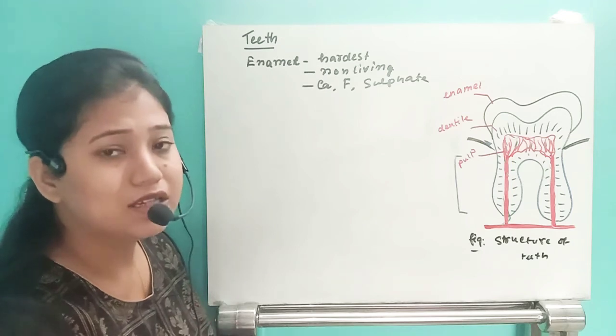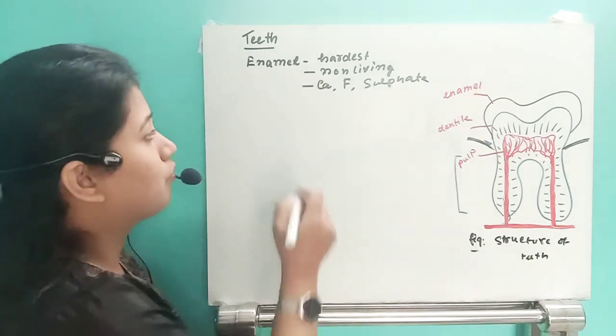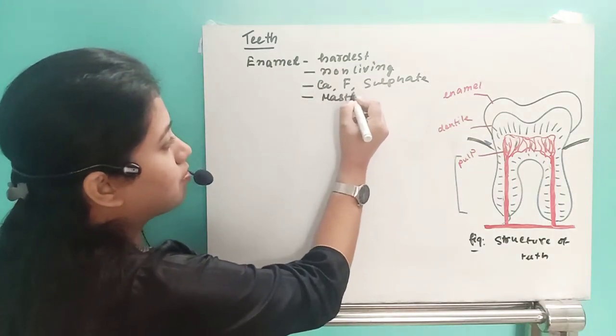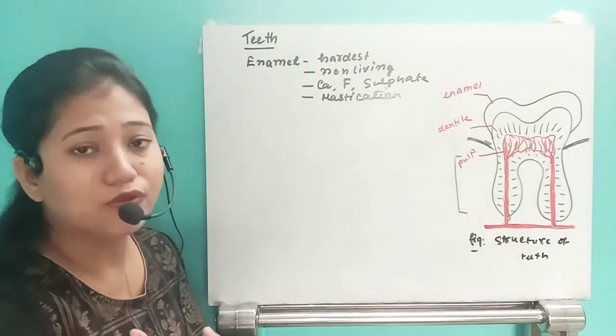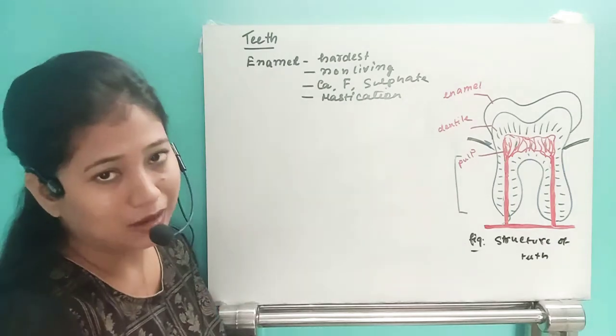Entirely the hardest non-living part is the enamel, which has one function, that is mastication. Mastication means it helps us in grinding the food. We chew the food with the help of the enamel.